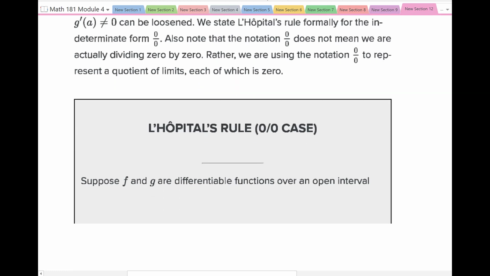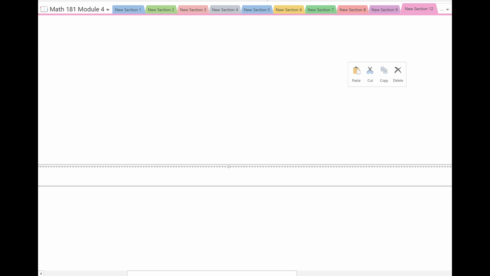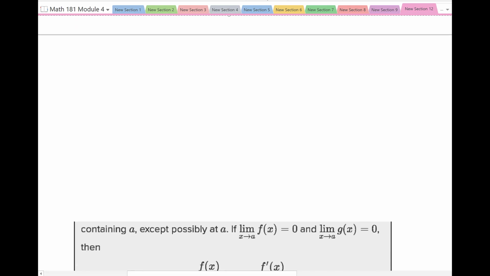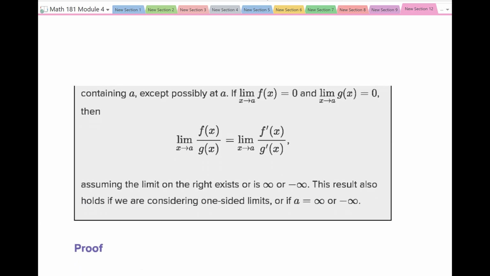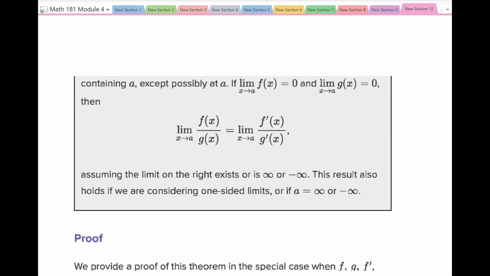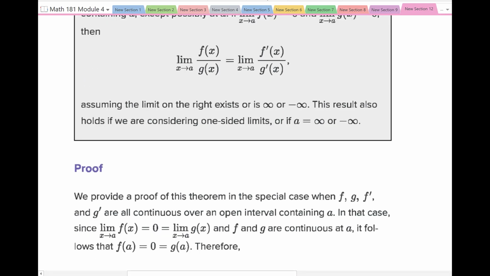So if f and g are differentiable functions over an open interval, and the limit as x approaches a of f of x equals 0 and the limit as x approaches a of g of x equals 0, so these limits would be 0 over 0 in indeterminate form, then you could take their derivatives and see what happens. The limit of the quotient of their derivatives is the same as the limit of the original.